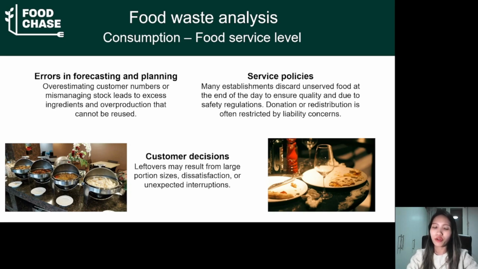But sometimes, for example in buffet service, the overproduction is intentional because they want to make the food containers always full to appear attractive to the customer. And food service policy can play an important role, because many food providers eliminate the unserved food at the end of the day instead of donating or redistributing.